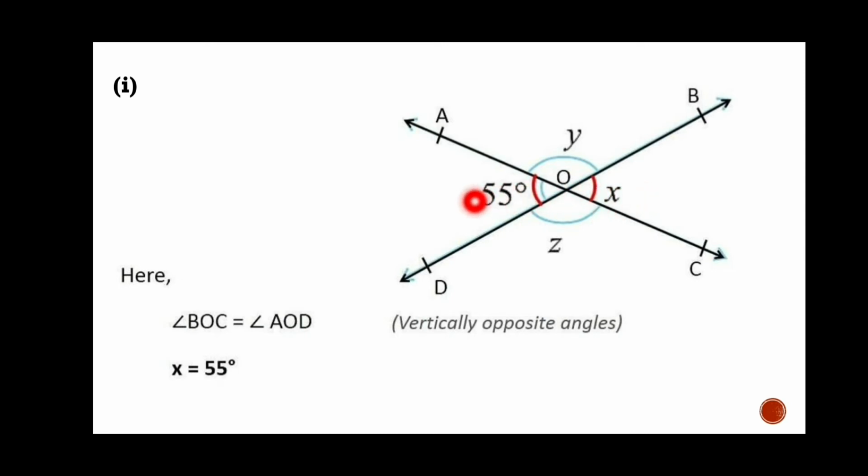So here we can clearly find the value of x because we know when two lines intersect, the vertically opposite angles are equal. So if its opposite angle is 55, then definitely angle x will also be 55 because they are vertically opposite angles. So from here we have found the value of x, which is 55 degrees.